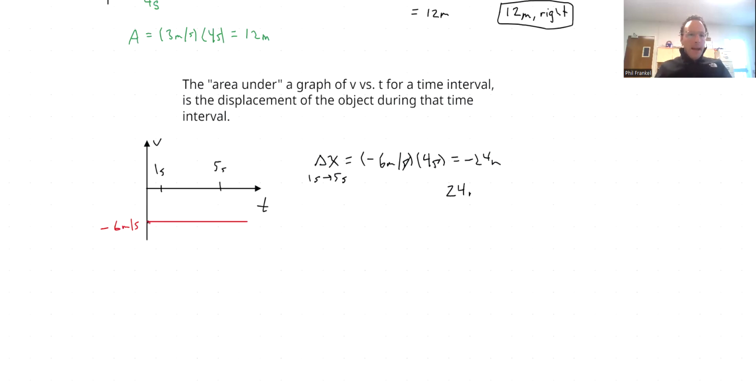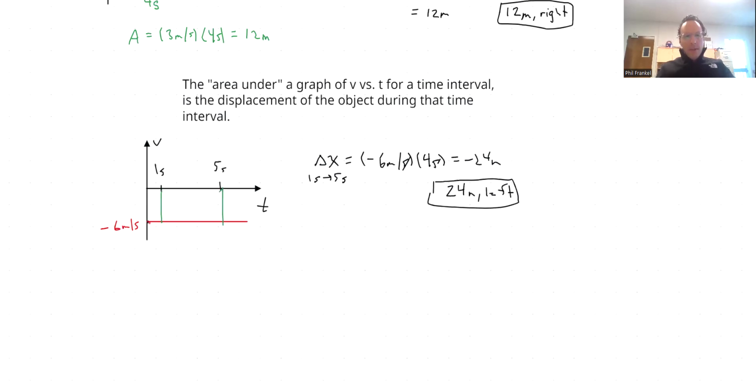Okay. And what if we inspect what's going on from an area's point of view? Well, the area under this velocity versus time graph should always be interpreted as the area trapped between the plot and the t-axis, the time axis.